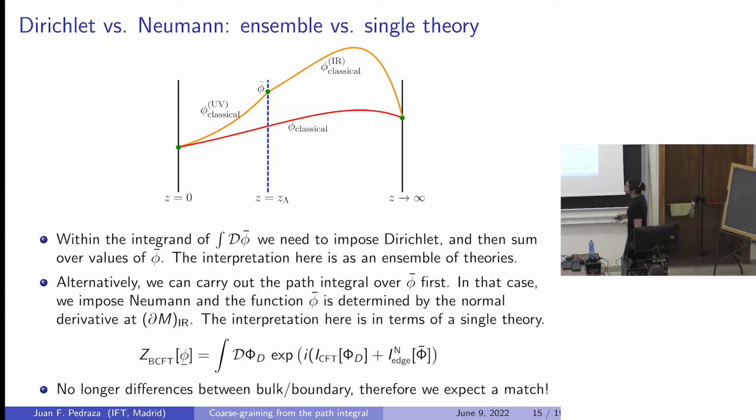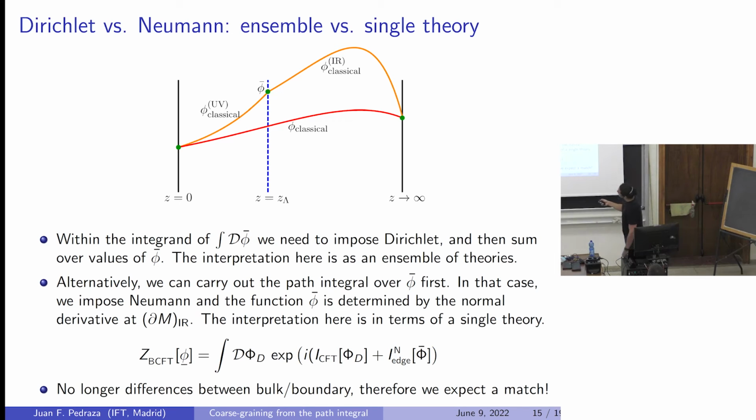Alternatively, we can choose to start carrying out this path integration over this value at the interface. Then in that case, the second boundary condition arises as an average. And in that case, once we definitely do this path integral over this value at the interface, we end up with one single theory, one single theory with a new boundary term, such that it encodes this Neumann boundary condition.